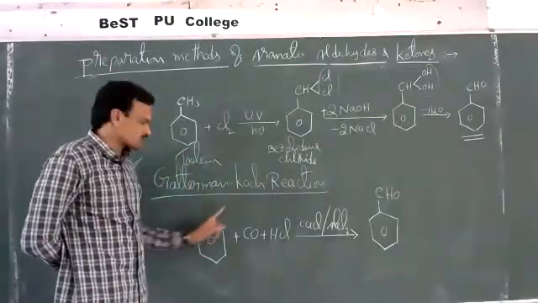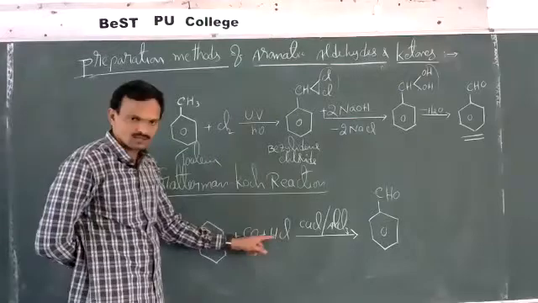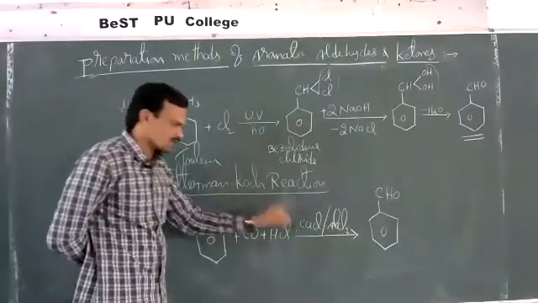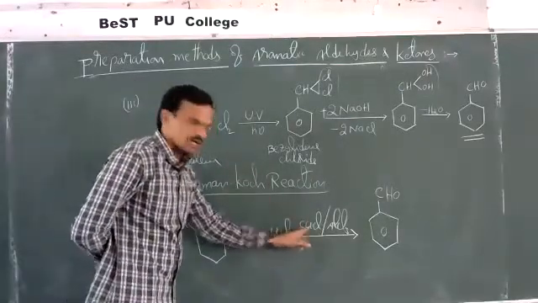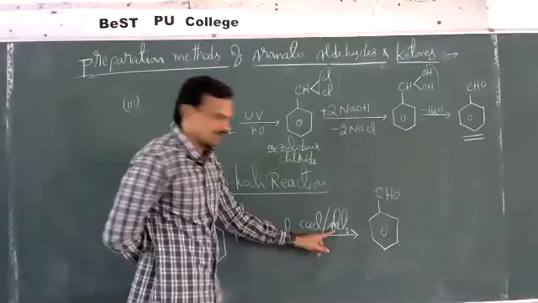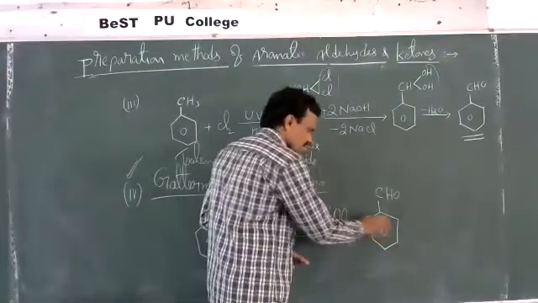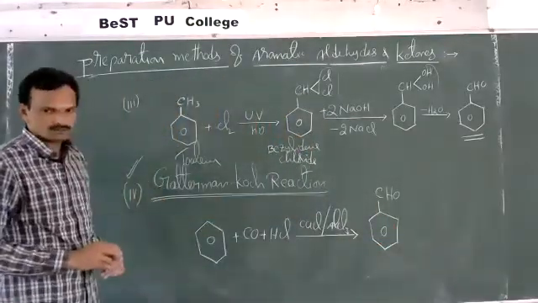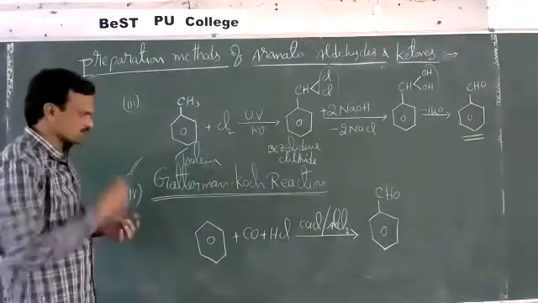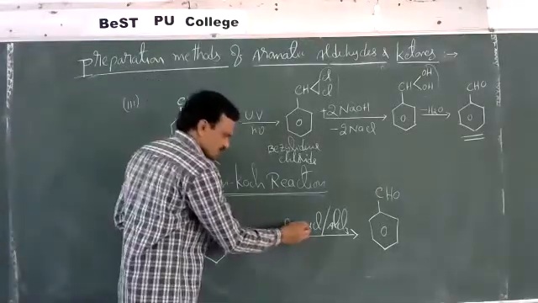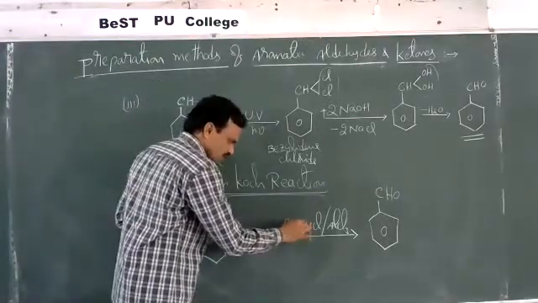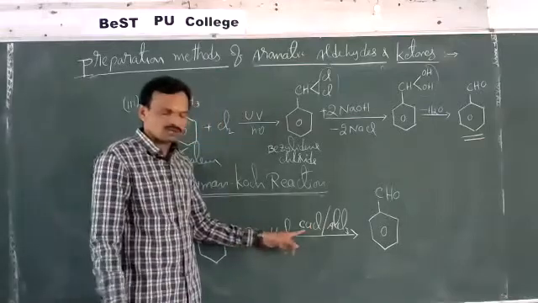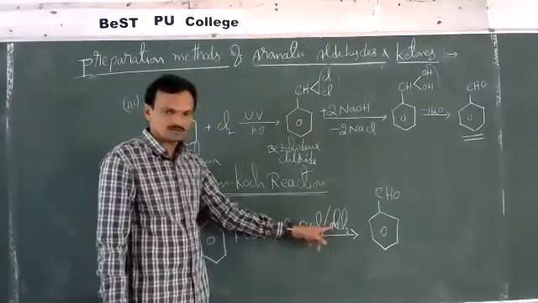Benzene reacts with the mixture of carbon monoxide and HCl in the presence of cuprous chloride and anhydrous AlCl3 and forms benzaldehyde. This reaction is known as Gattermann-Koch reaction. While representing this equation, you must mention the catalyst we are using here: cuprous chloride, and AlCl3.